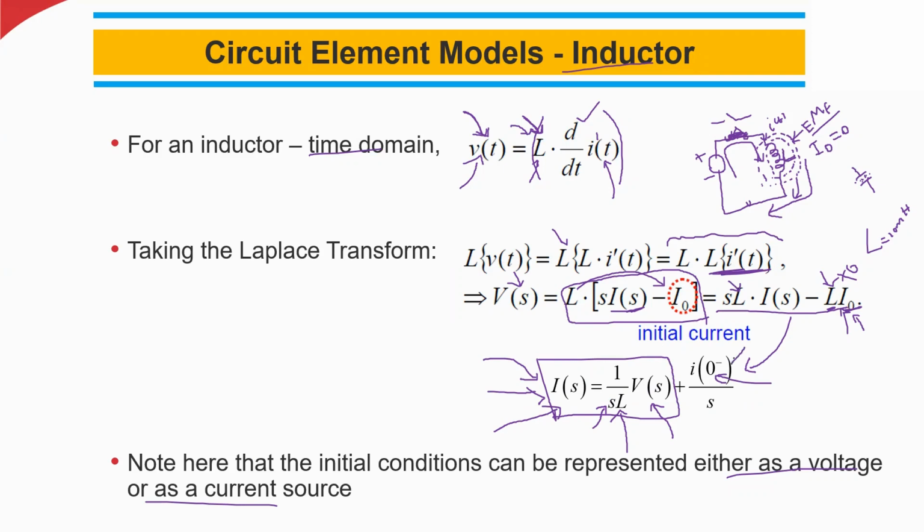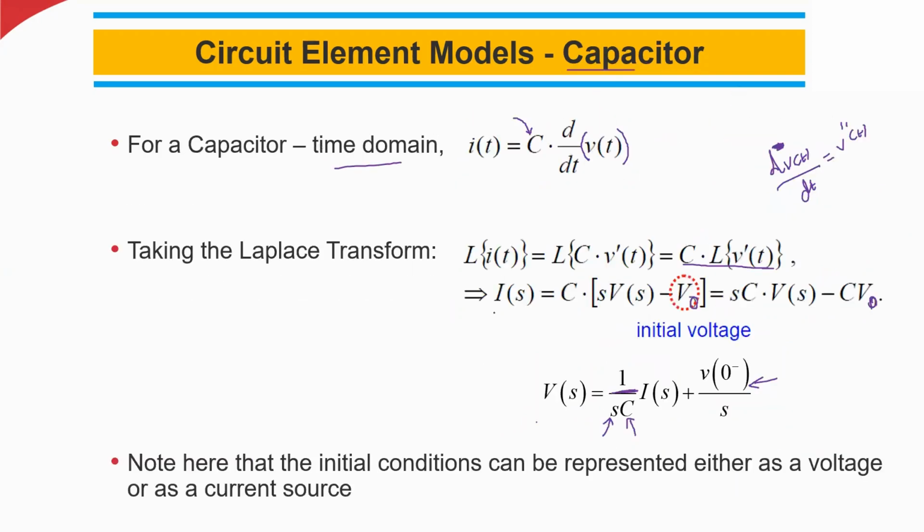This is the initial current across the inductor. In the capacitor, i(t) is equal to C times d/dt of v(t). This is the current flowing through the capacitor, this is the voltage across the capacitor, and this is the capacitance value. If you convert into the S domain, remember in the capacitor we are talking in terms of voltage.